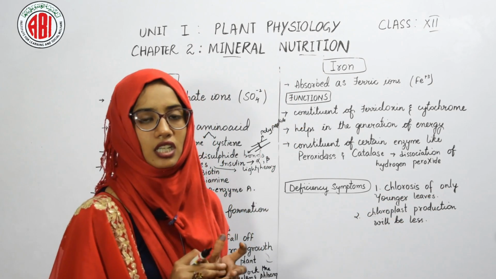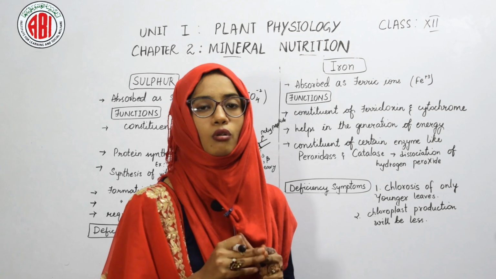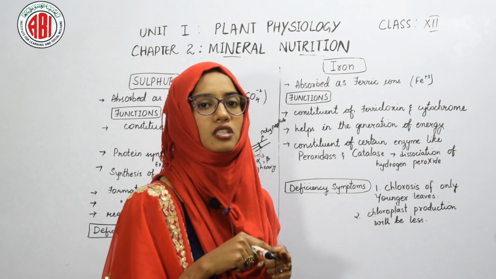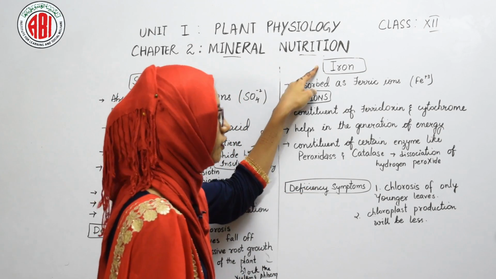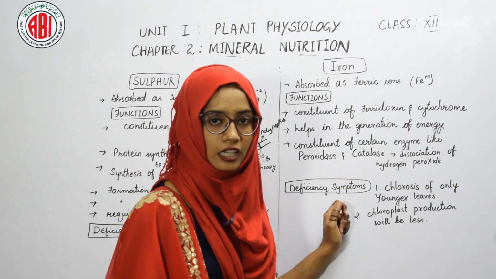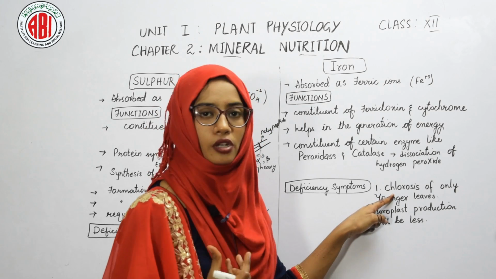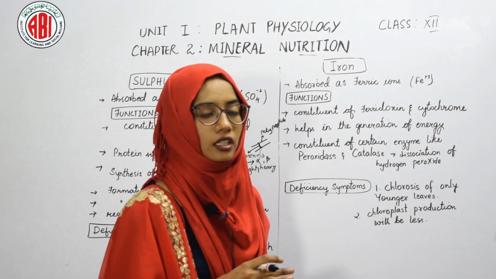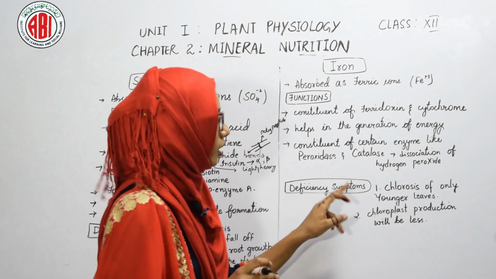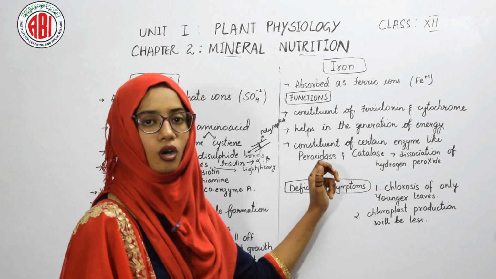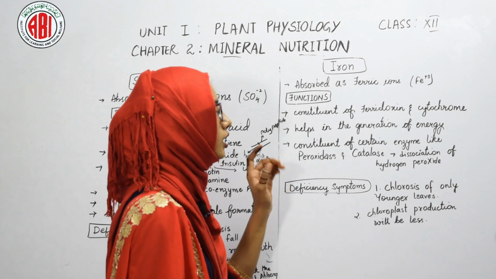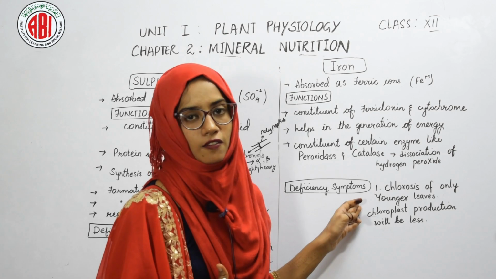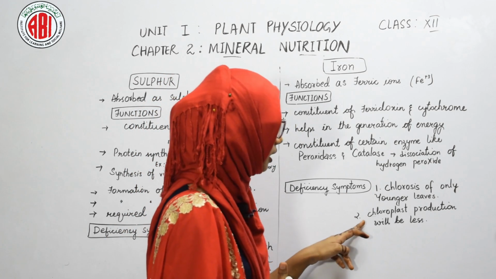Till now we have discussed that chlorosis can be seen first in the older leaves and then in the younger leaves, but due to deficiency of iron, the chlorosis, that is yellowing of leaves, first appears only in the younger leaves. We cannot see chlorosis of the older leaves due to iron deficiency.